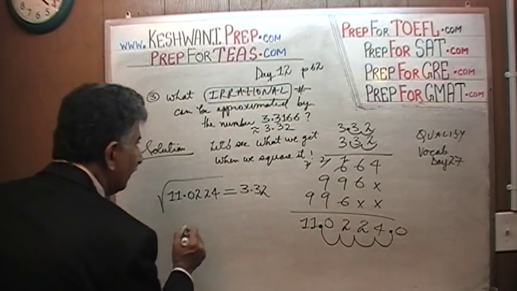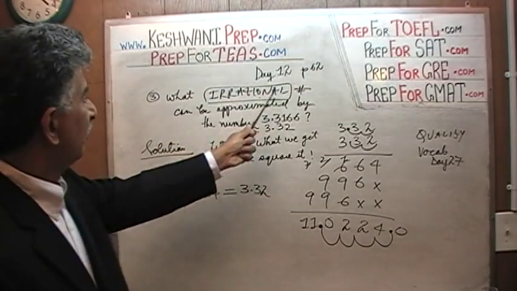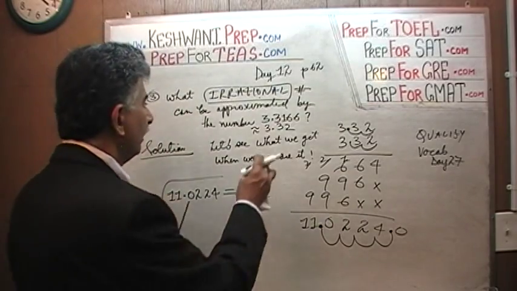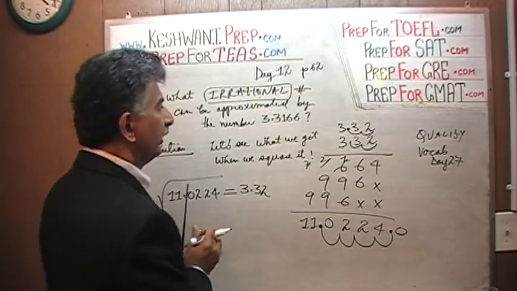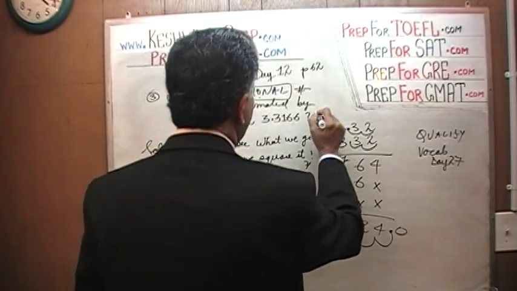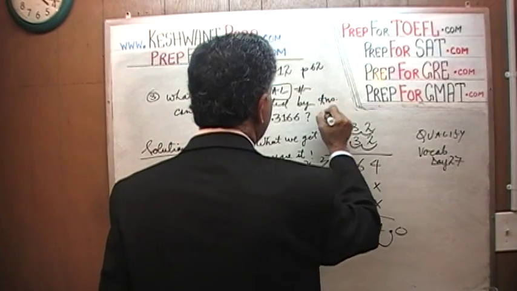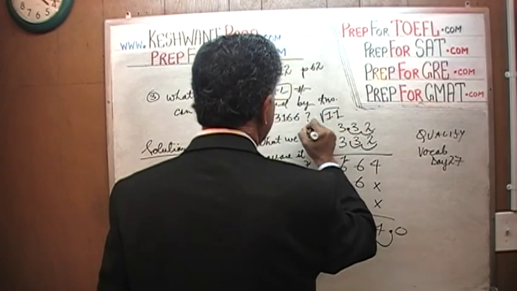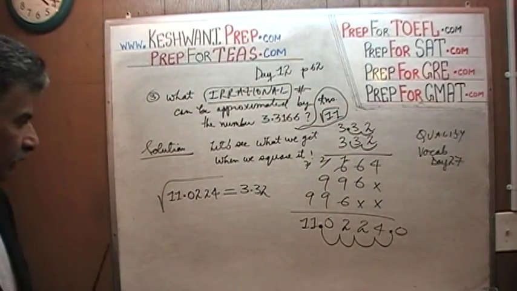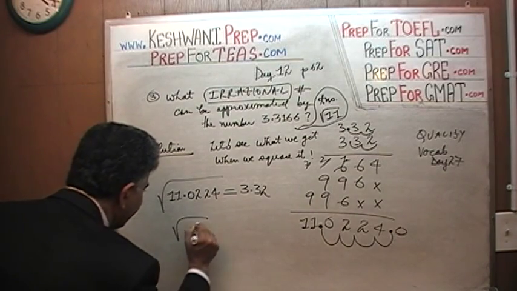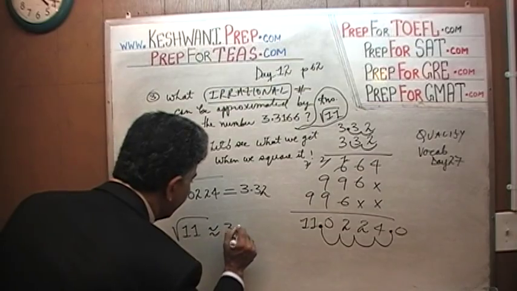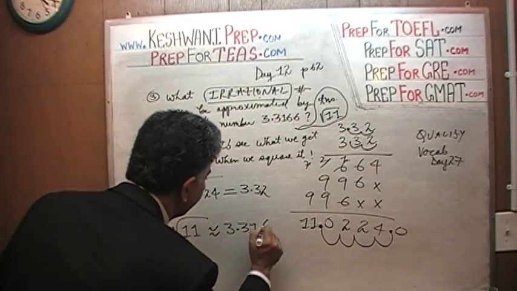That's what it is. So, what irrational number can be approximated by the number 3.3166? The answer is the square root of 11. That's your answer. In other words, what we are saying is that the square root of 11 can be approximated as 3.3166.